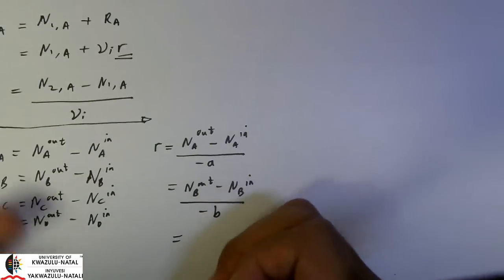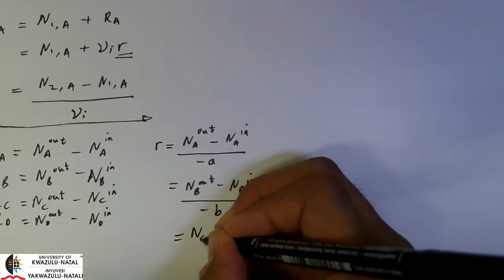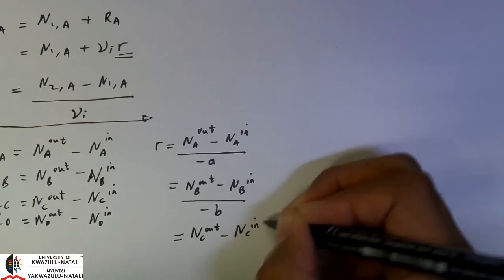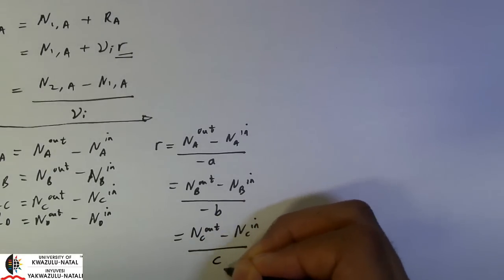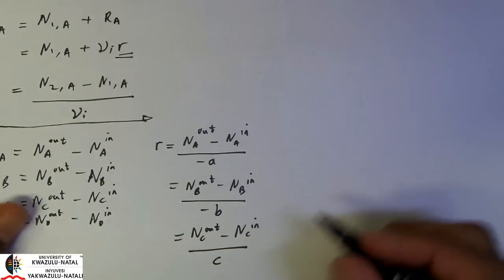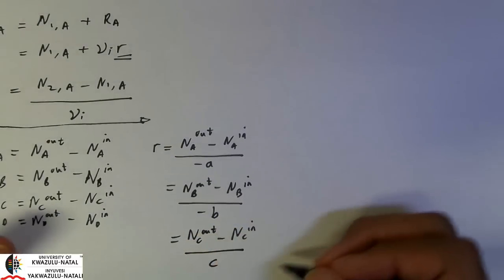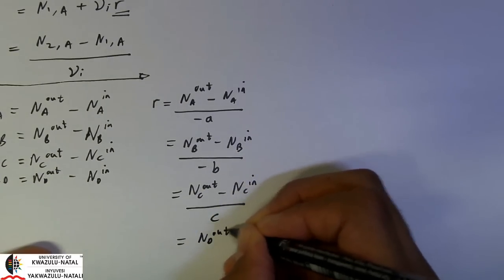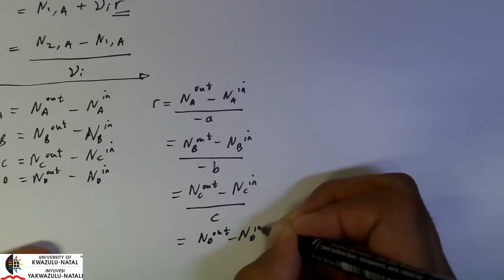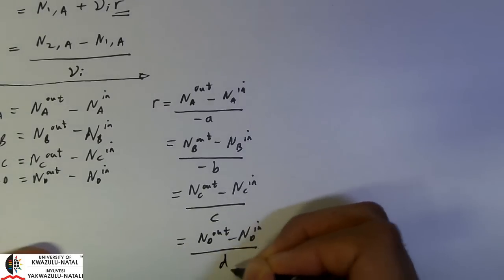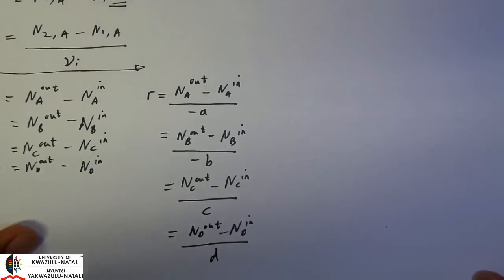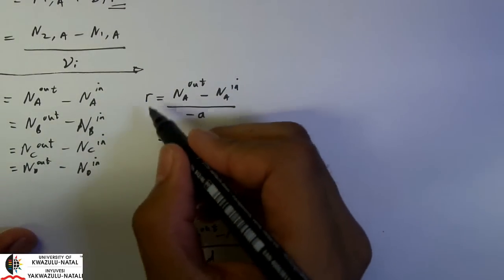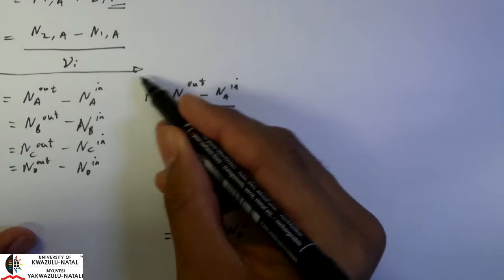If we have information on our products, then it would be NC out minus NC in over C. That would be positive. Or ND out minus ND in over D. It's important to note that the overall reaction rate R will always be a positive number.